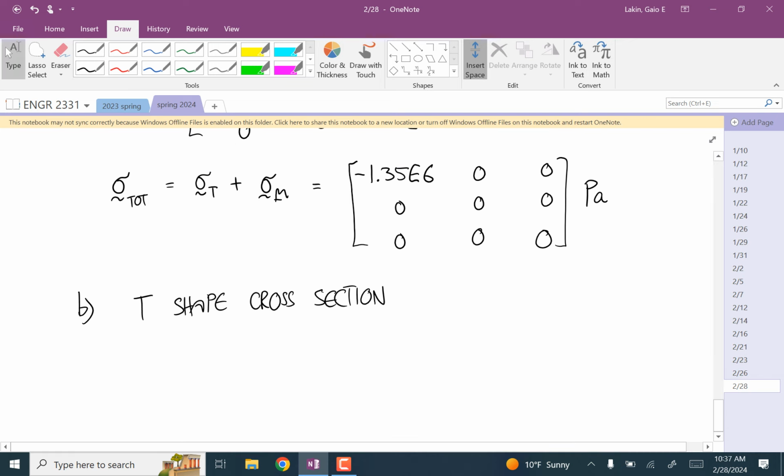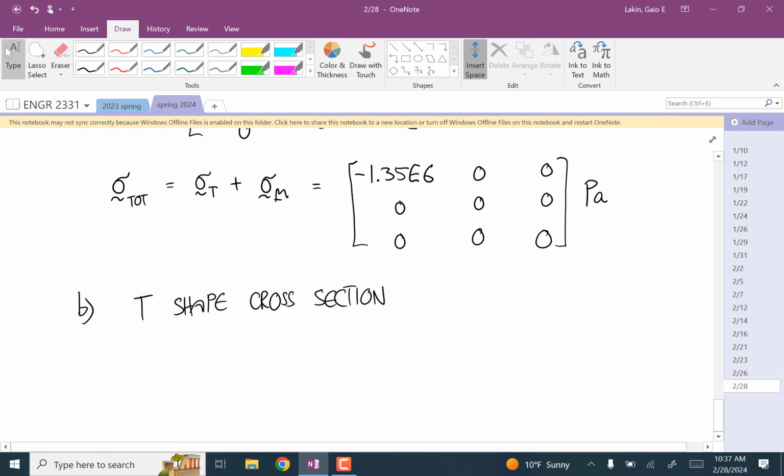So we got a magnitude of 1.35 times 10 to the 6 pascals for a cross section where we weren't thinking that much about using our material efficiently. So now with the T shape, we're taking that same amount of material and putting it into a shape that we're hoping is going to resist bending more because we're elongating it, getting that y dimension, that height, to be bigger.